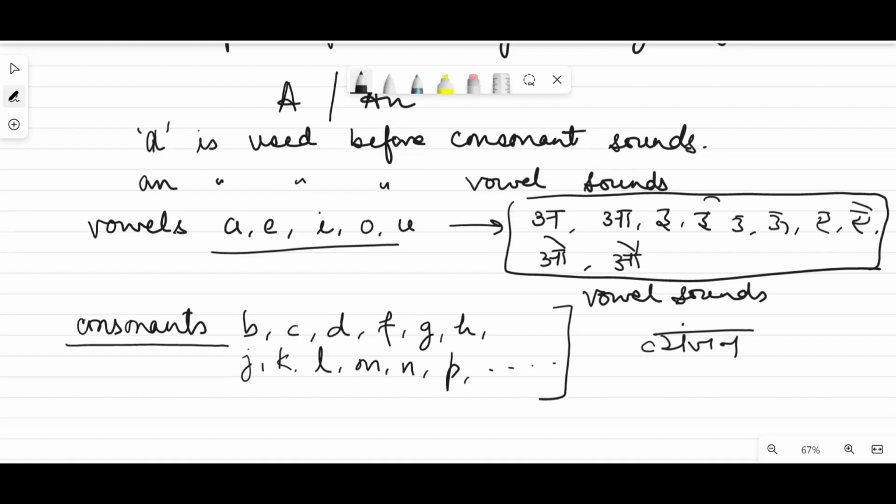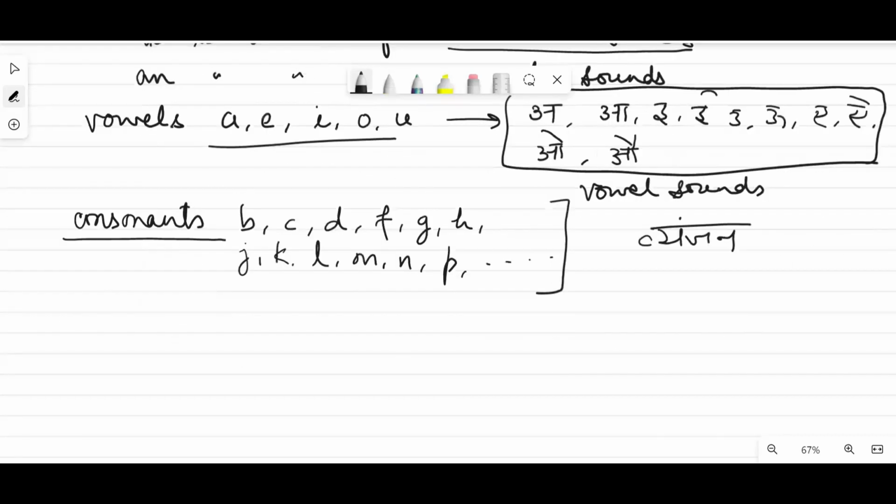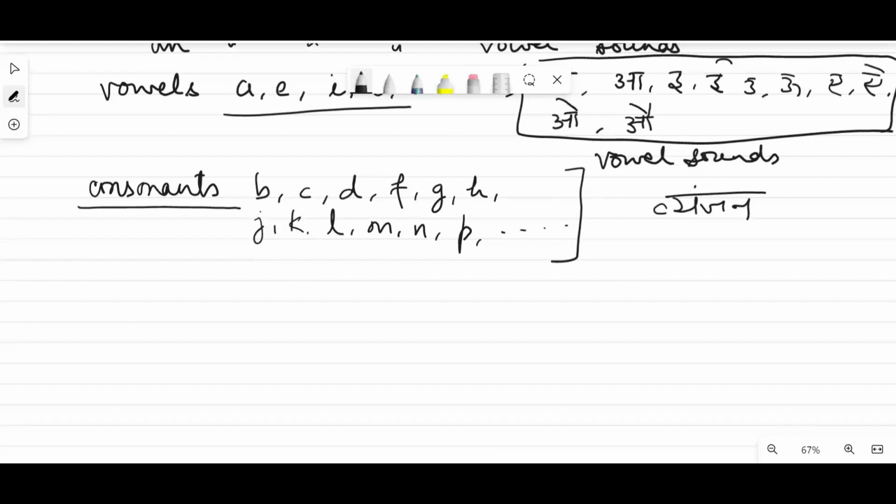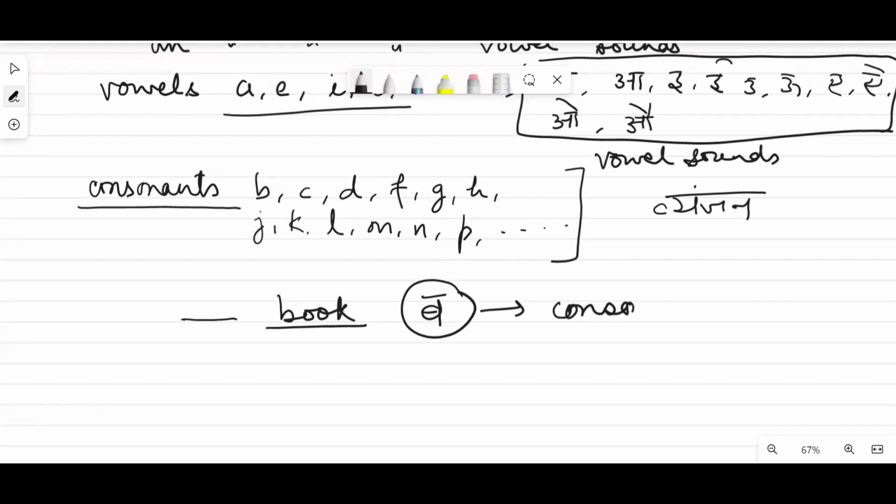So please understand, when we say a is used before consonant sounds and an is used before vowel sounds, we mean that, for example, if we say dash book, book is beginning with the sound B, which is a consonant sound. So what should come before this? A or an?